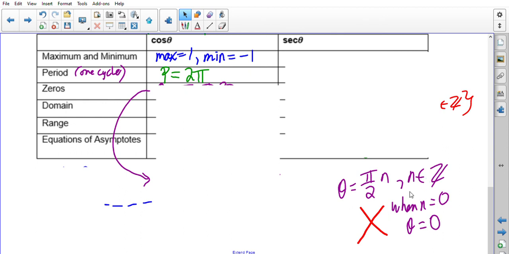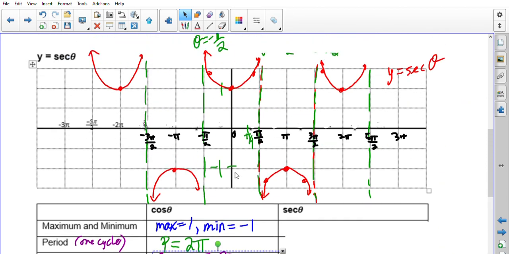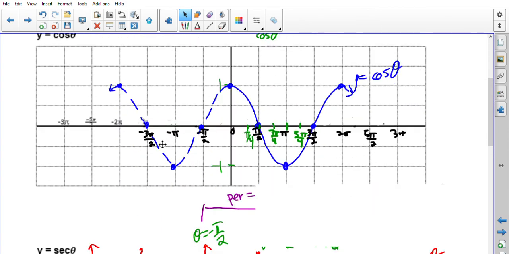So we have to ask ourselves, how do we come up with an expression for this? What I do notice is that the zeros happen at, yes, a multiple of pi over 2, but at all odd integers of pi over 2.